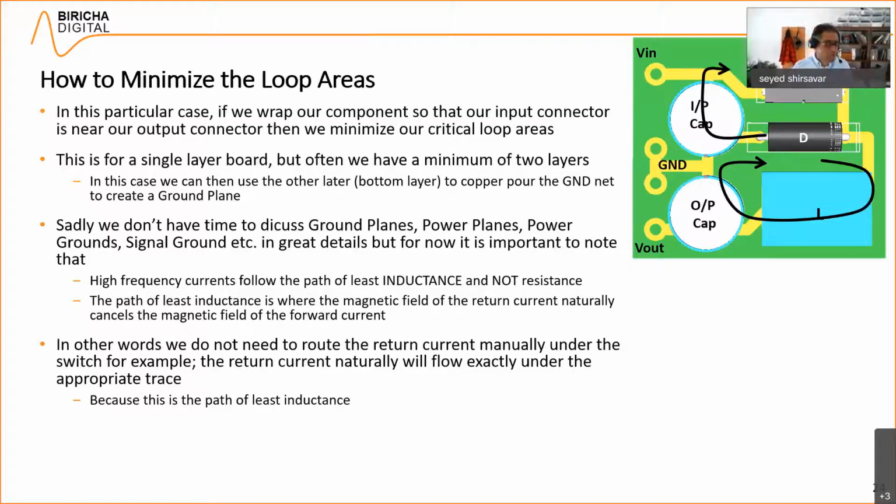If you remember, there are also many guidelines about never put a cut in the ground plane. Actually, sometimes you don't have a choice. You have to put a cut in the ground plane. It's just that you shouldn't put it under the path of high di/dt.